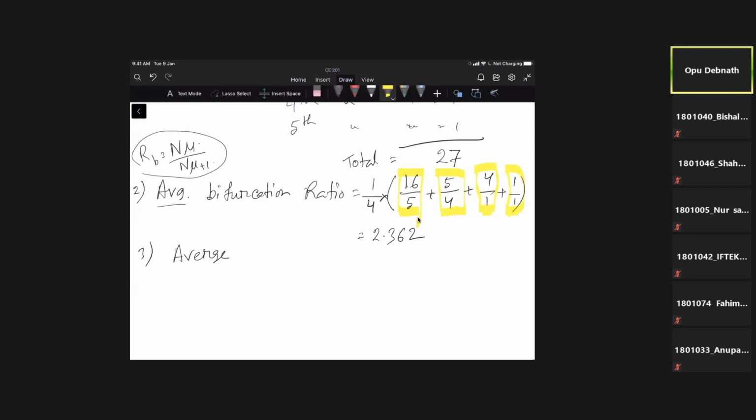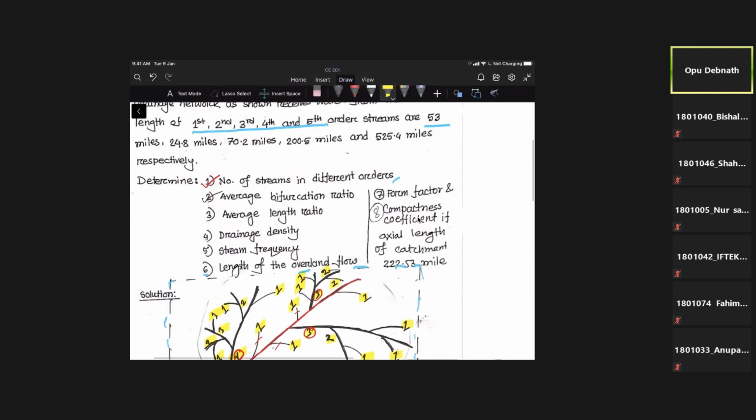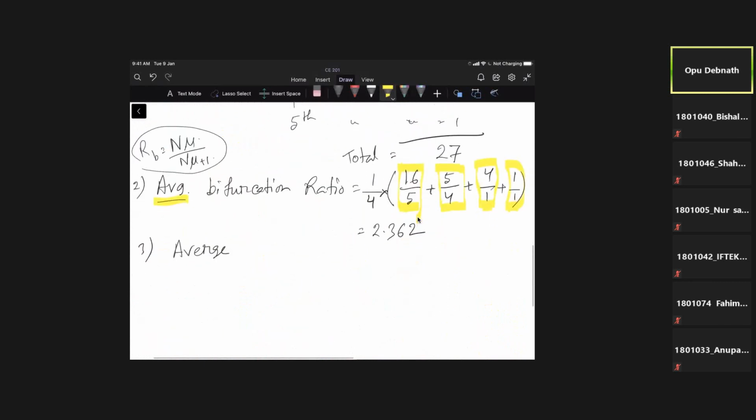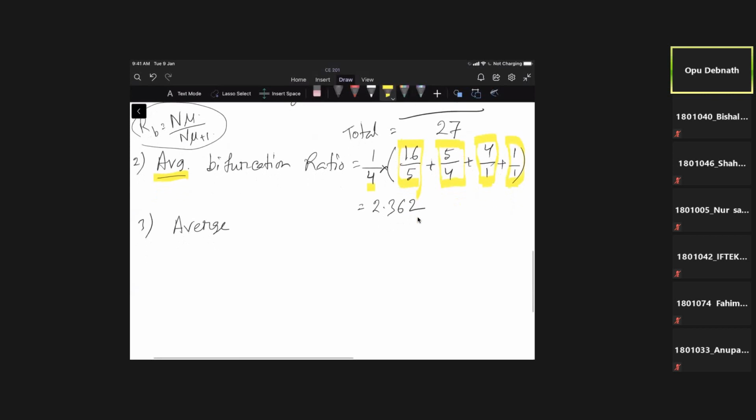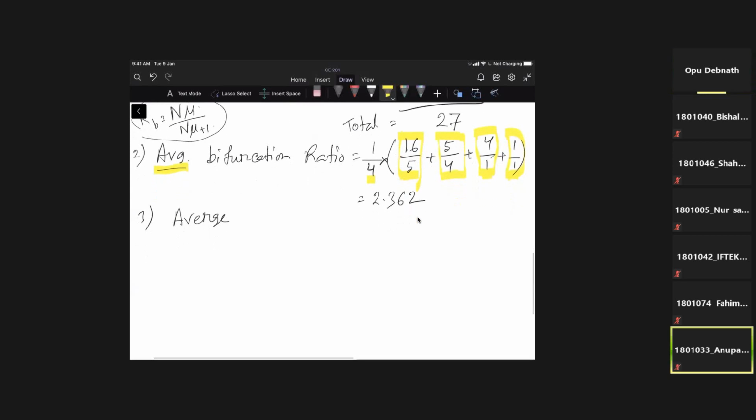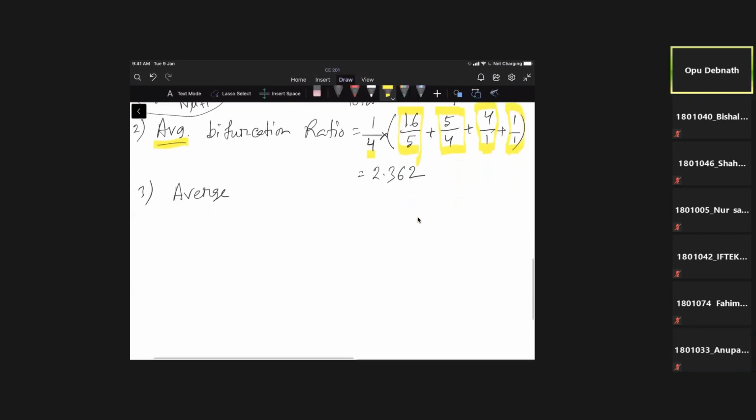Our question asked to find the average bifurcation ratio, so the average bifurcation ratio means you need to take the numerical average of all of this. If you have 4 terms and you want to take the average, you need to sum all these and then divide by 4. Clear? Yes, sir. This is the numerical average, and the next one is the average length ratio.